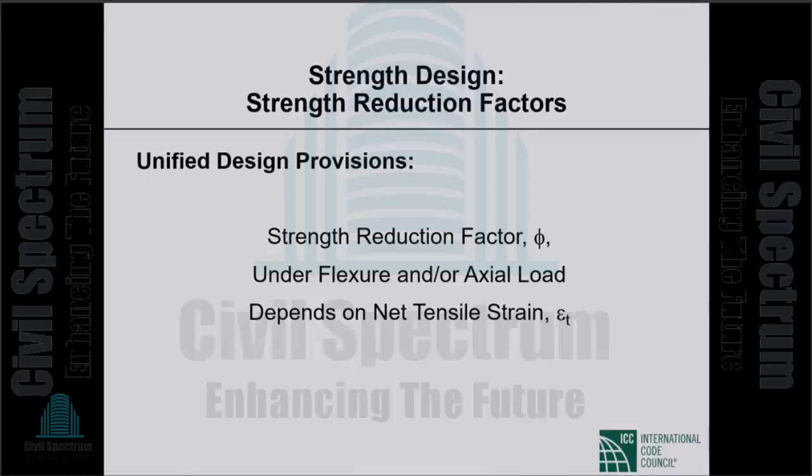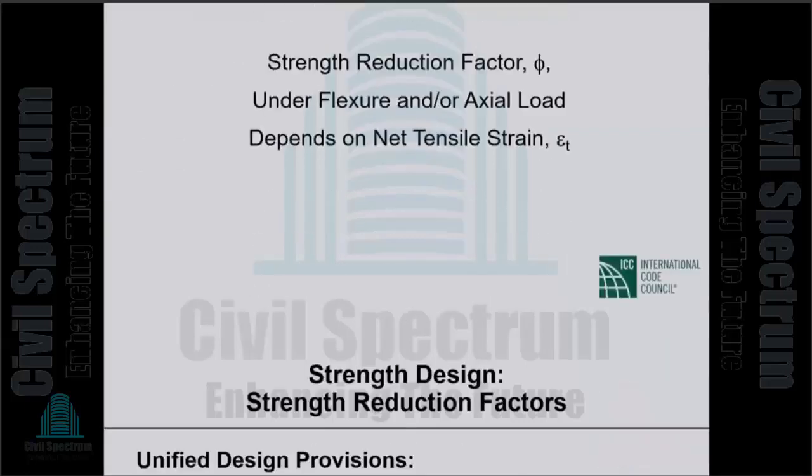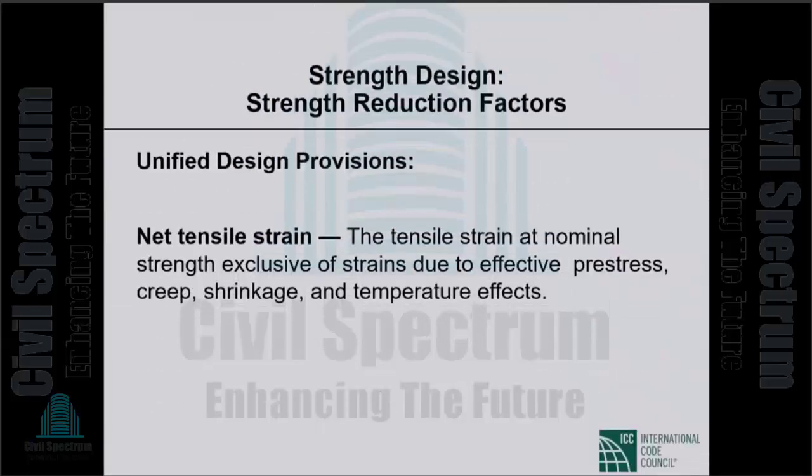So phi is now a function of the net tensile strain epsilon sub t. Net tensile strain is the tensile strain at nominal strength, exclusive of strains due to pre-stress, creep, shrinkage, etc. Okay, let me do it this way. Nominal strength.